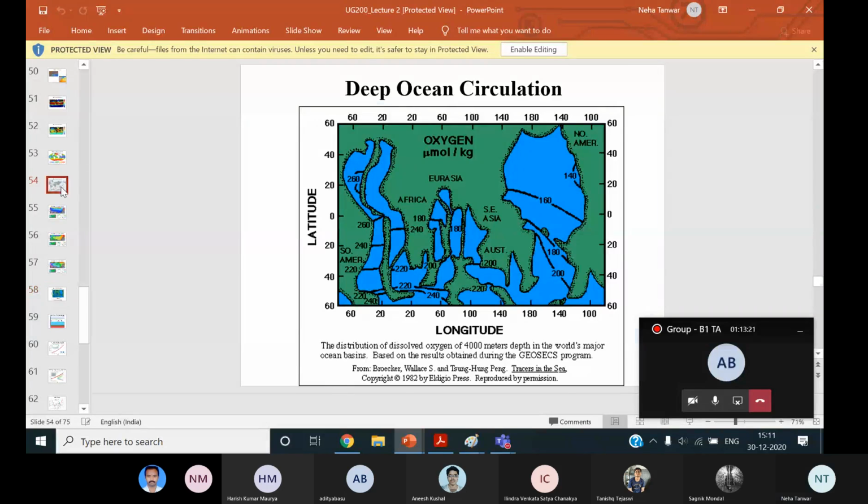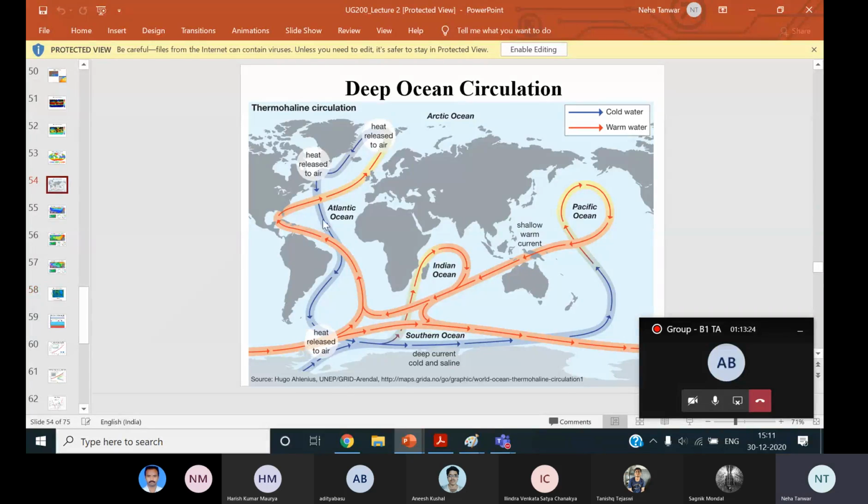So this is a pattern, right? As we move along this branch, the dissolved oxygen content is actually decreasing. So this is dissolved oxygen of deep water. Why is it decreasing? Oxygen is being utilized. How do you utilize the oxygen? Through respiration.